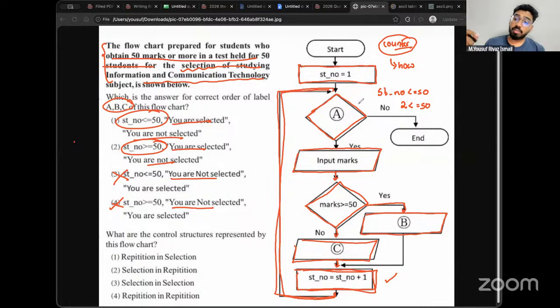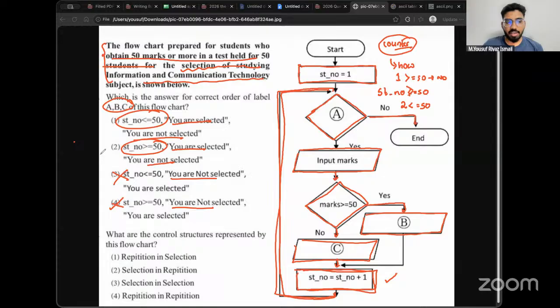But if I do the vice versa, if I mention is ST number greater than or equal to 50, what will happen is, if I check is 1 greater than or equal to 50, it's going to answer no, and the program will end.